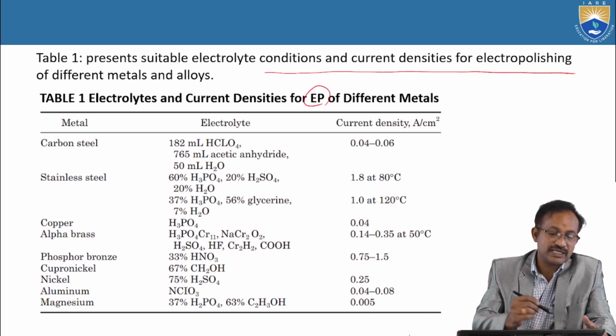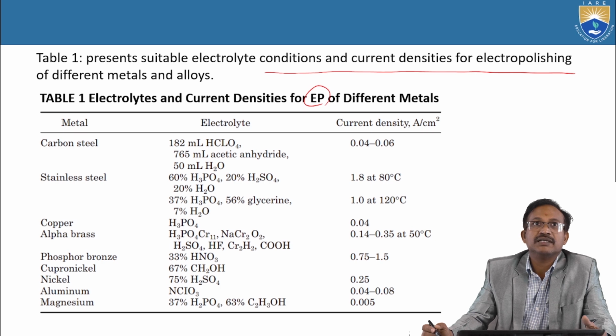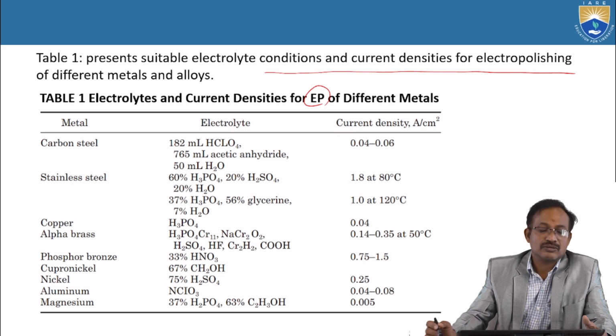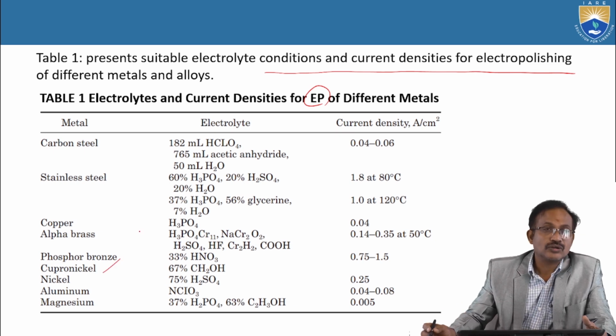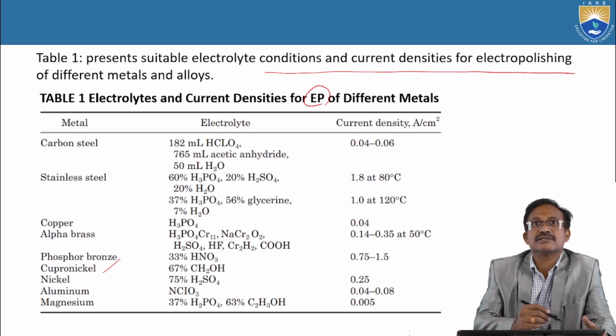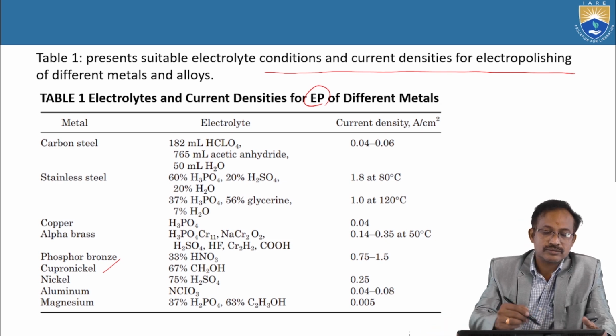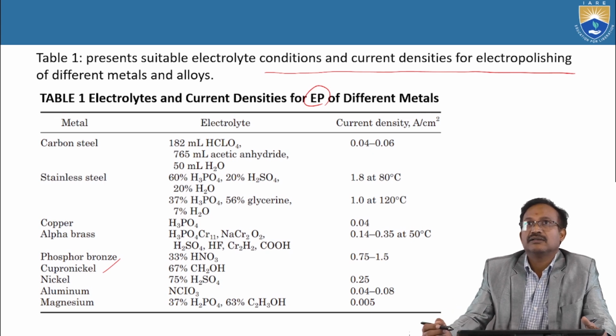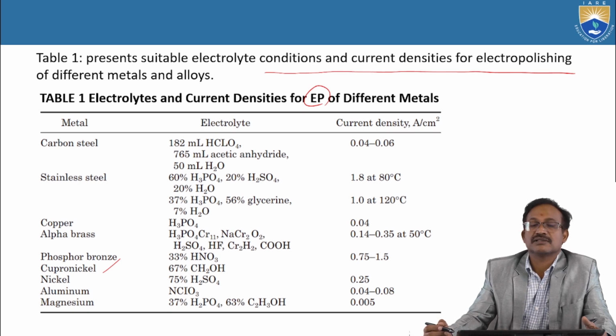The metals are carbon steel, stainless steel, copper, alpha brass, phosphor bronze, next cupro nickel, aluminum, magnesium. For those metals, we have different electrolytes and the corresponding current densities, in amperes per square centimeter.